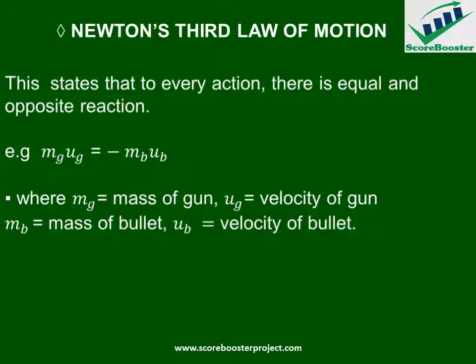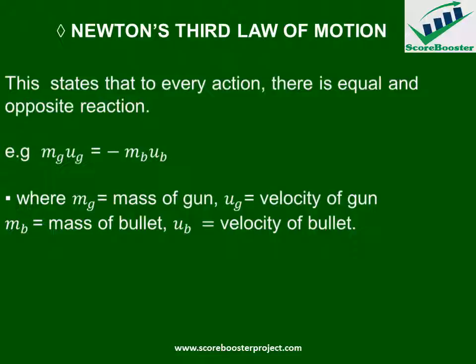Now, the next thing we shall be considering will be the Newton's third law of motion. Having understood the Newton's first and second law of motion, we need to consider the Newton's third law of motion, which states that to every action there is equal and opposite reaction.